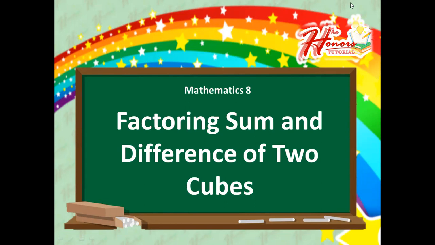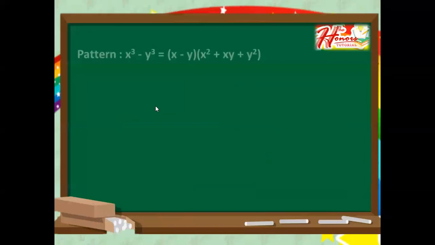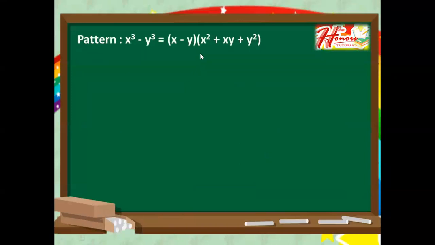Welcome to part 2 of this topic, which is about factoring sum and difference of two cubes for Mathematics 8. So let us have our example now. But before that, let's have the pattern. That is x cubed minus y cubed equals the quantity of x minus y times the quantity of x squared plus xy plus y squared. So this is our second pattern.